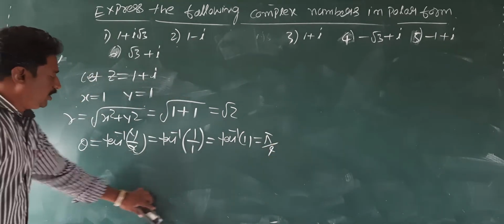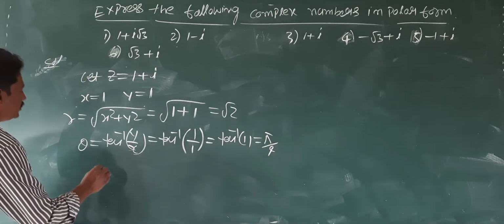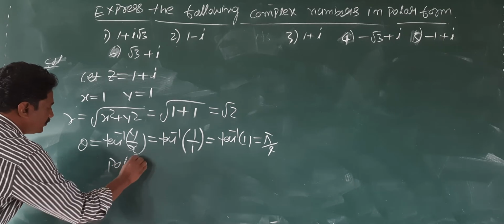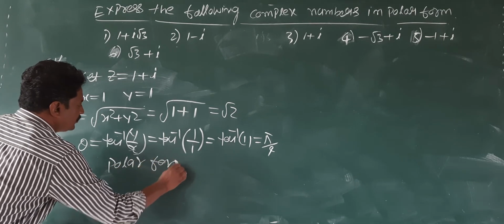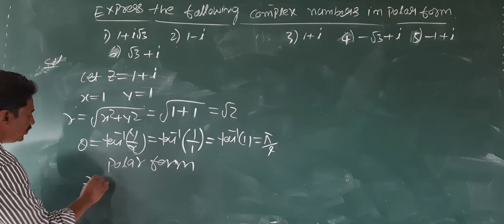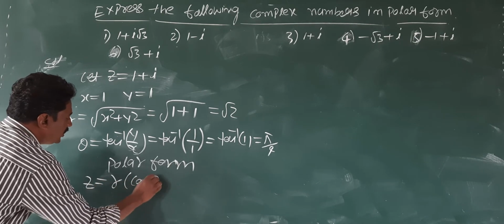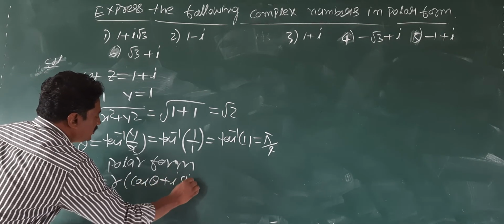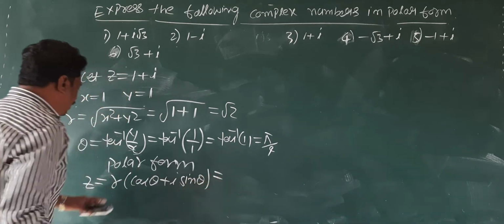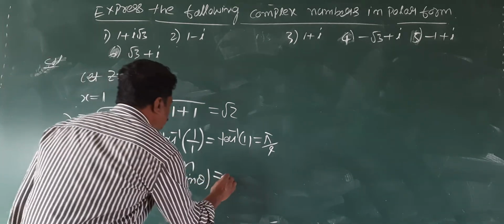Now you write the polar form. Polar form is z equals r into cos theta plus i sin theta. So tell me r, r means root 2.